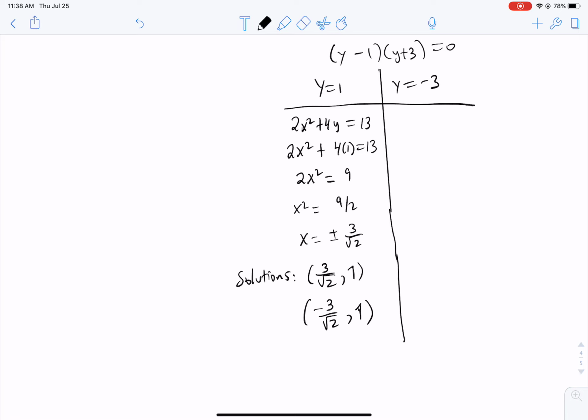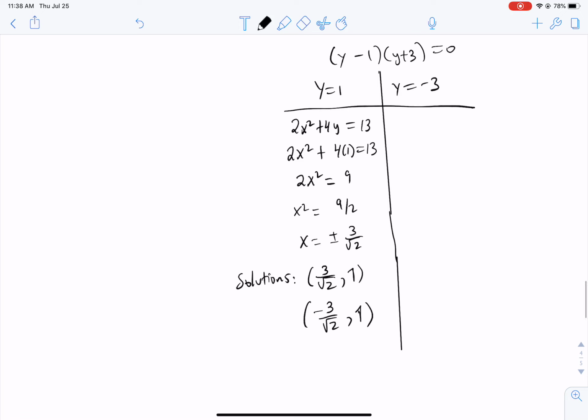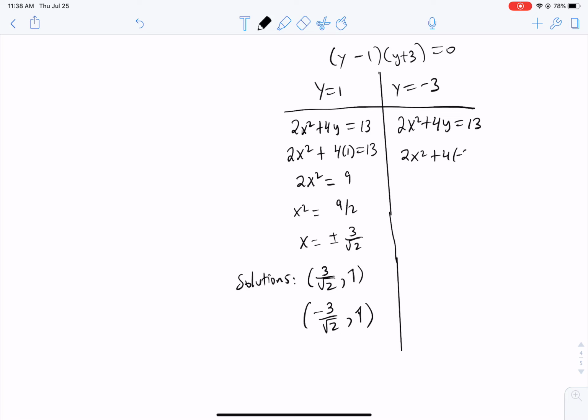And here is the second one that we have. If y is equal to negative 3, then we use 2x squared plus 4y equals 13. And we know that 2x squared plus 4 times negative 3 equals 13. We have 2x squared minus 12 equals 13. So 2x squared will equal 25. We divide both sides by 2 and we get x squared equals 25 over 2.